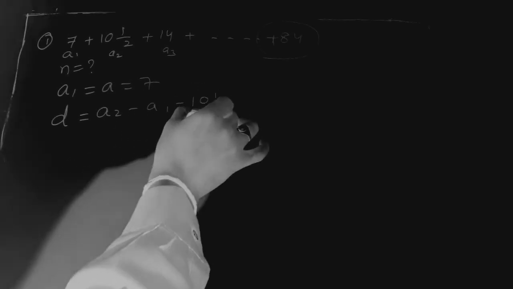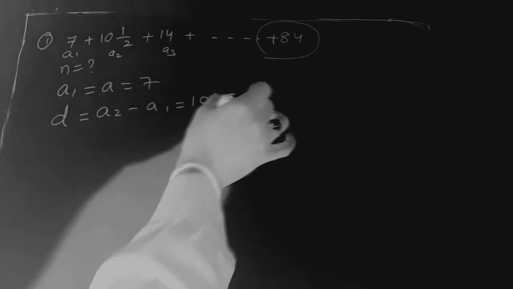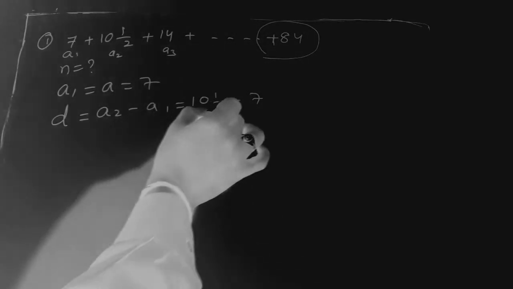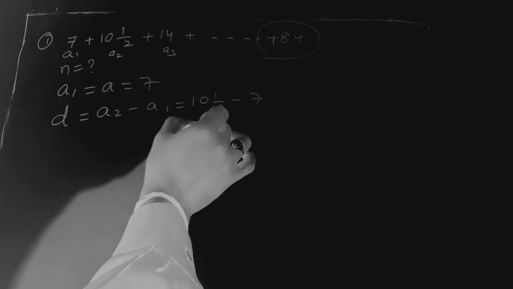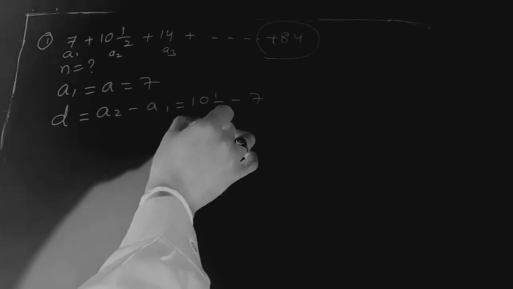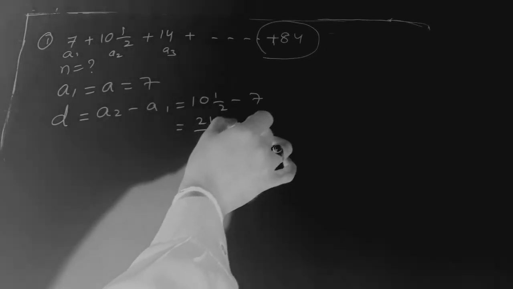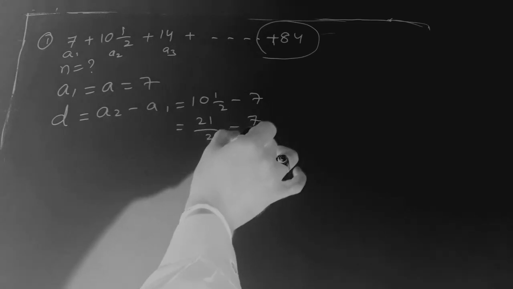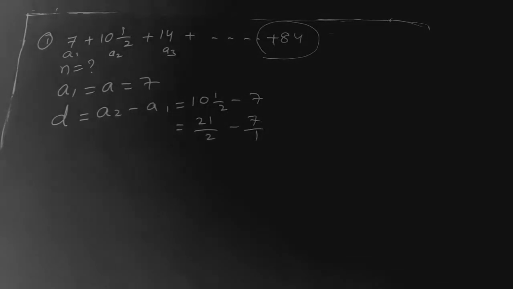Here the second term is 10 1 by 2 minus 7. This is a mixed fraction. Convert into a normal fraction. 2 times 10 is 20 plus 1, 21 by 2 minus 7. Nothing is there in the denominator, assume it as 1.